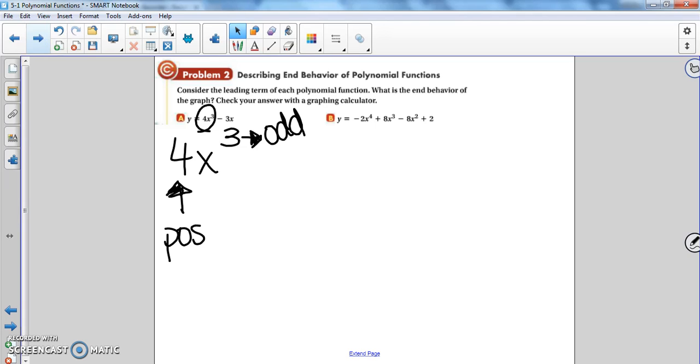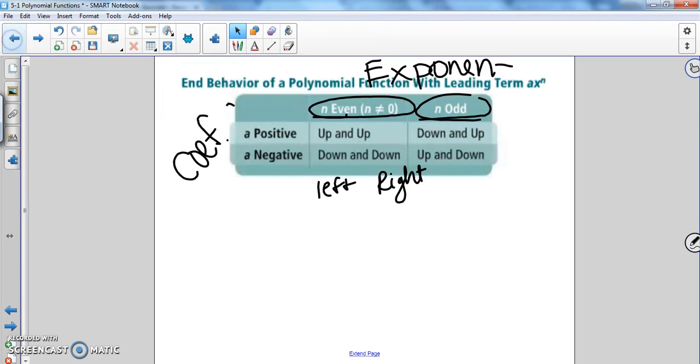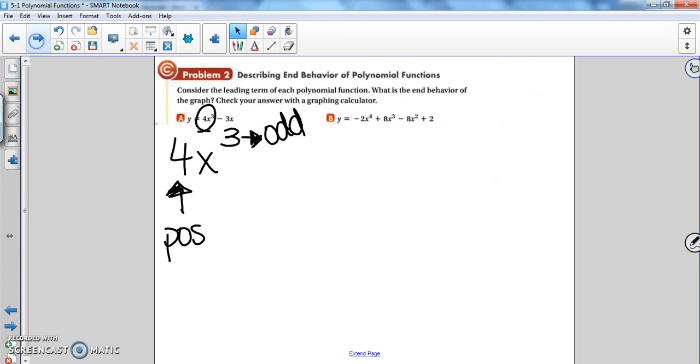So if we go back to our table, if our coefficient is positive and our exponent is odd, we will be starting down and ending up. So we will be starting down, doing something in the middle, and ending up.